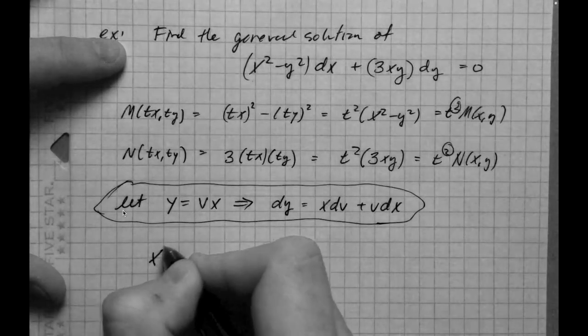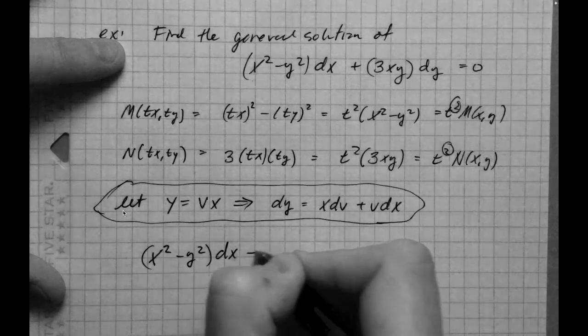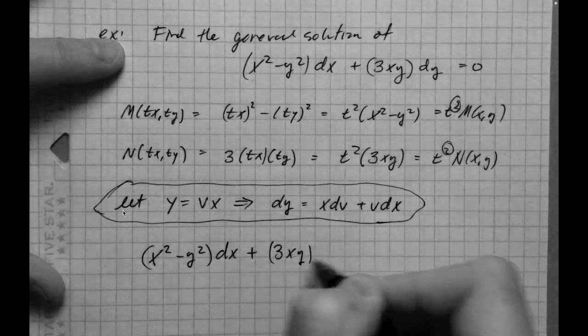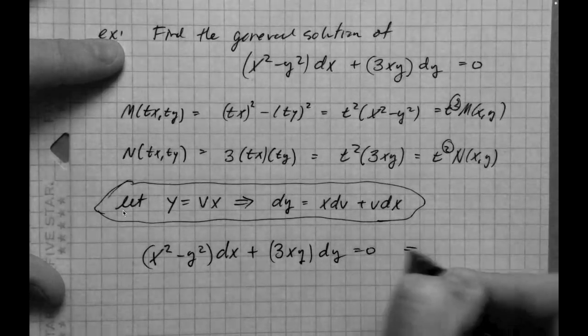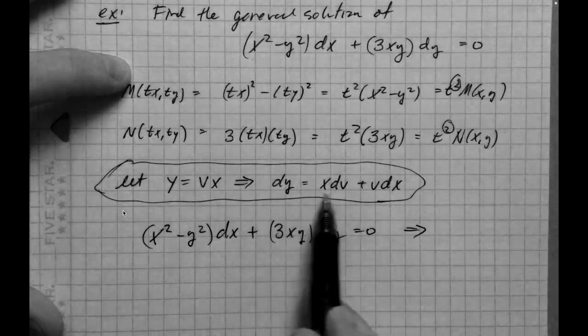Let's say we have x squared minus y squared times dx plus 3xy times dy equals 0. Okay, and so instead of y, we're going to have vx. Instead of dy, we're going to have this.